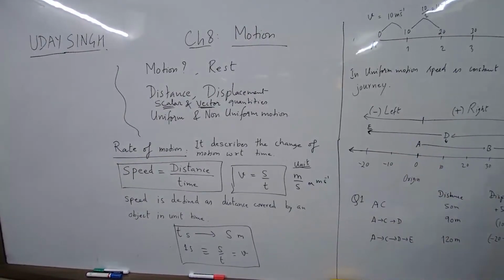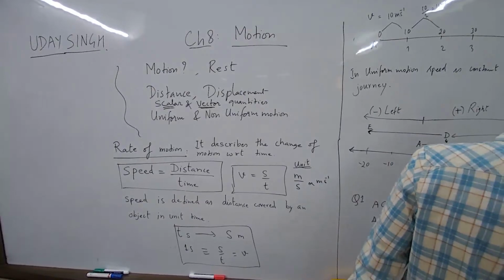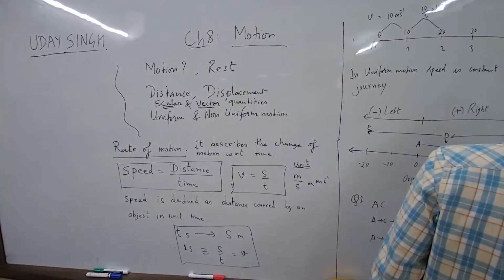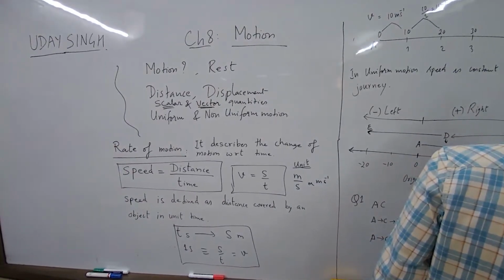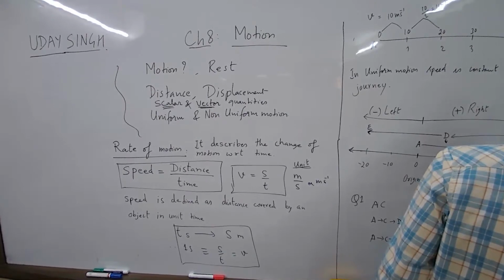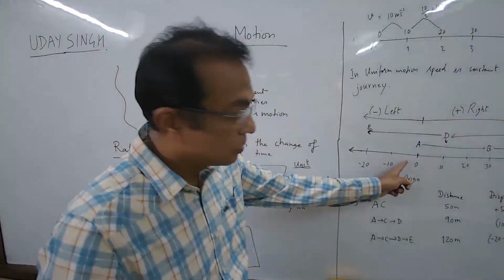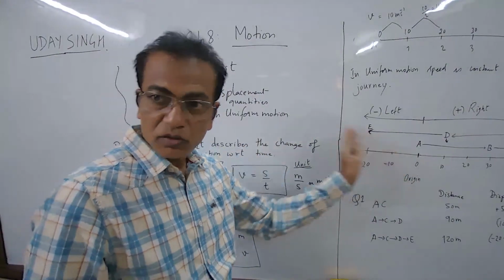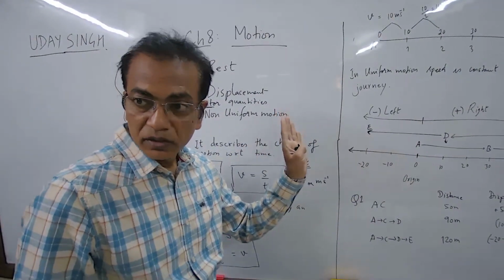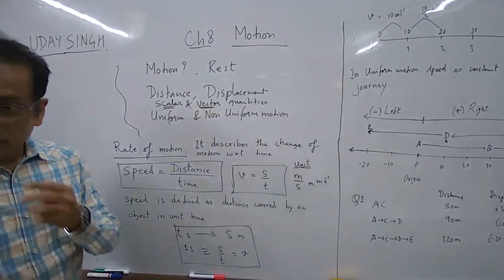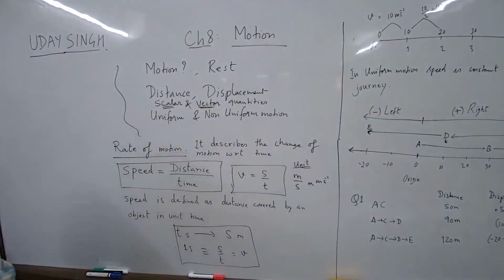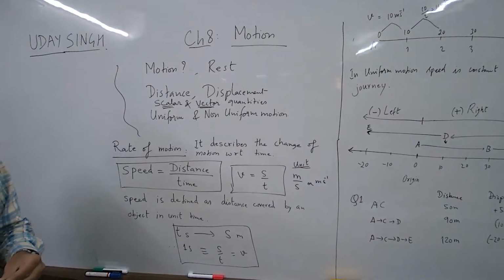So either I write minus 20 meter or I write 20 meter towards left. With respect to the origin, it is on the left. Have I answered your question? Yes. So I think today we'll stop here.